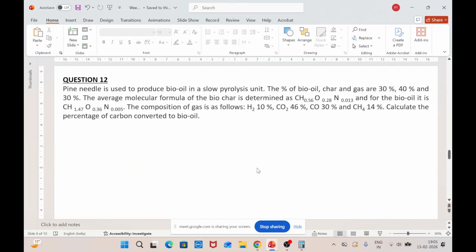Pine needle is used to produce bio-oil in a slow pyrolysis unit. The percentages of bio-oil, biochar and gas are 30%, 40% and 30%. The average molecular formula for biochar and for bio-oil is given. The composition of gas is given. They are asking to calculate the percentage of carbon that has been converted to bio-oil.